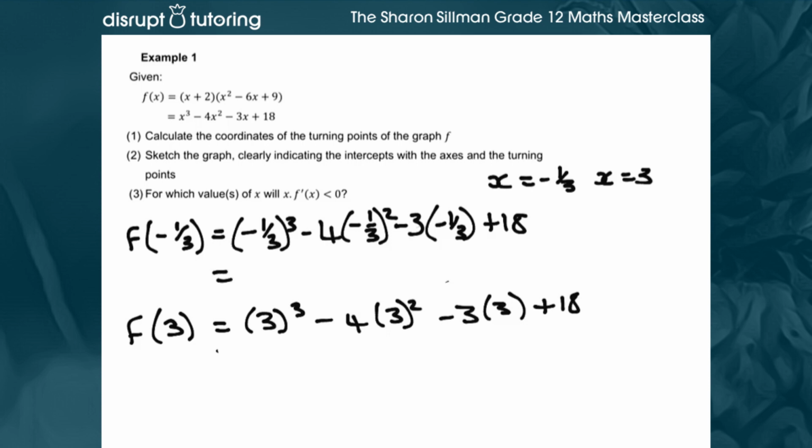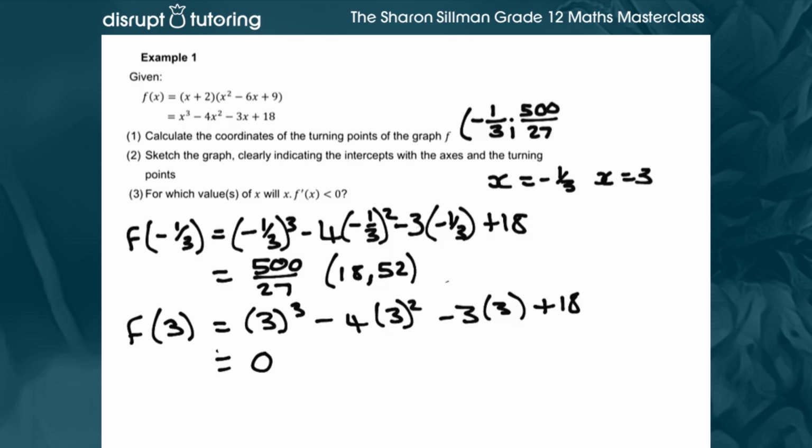And for the first one, you should get 500 over 27, but it might be easier to see it as a decimal, especially when you would be looking for it on the Cartesian plane. And the second one is 0. So our coordinates of the turning points are negative 1/3 and 500 over 27, as well as 3, 0.